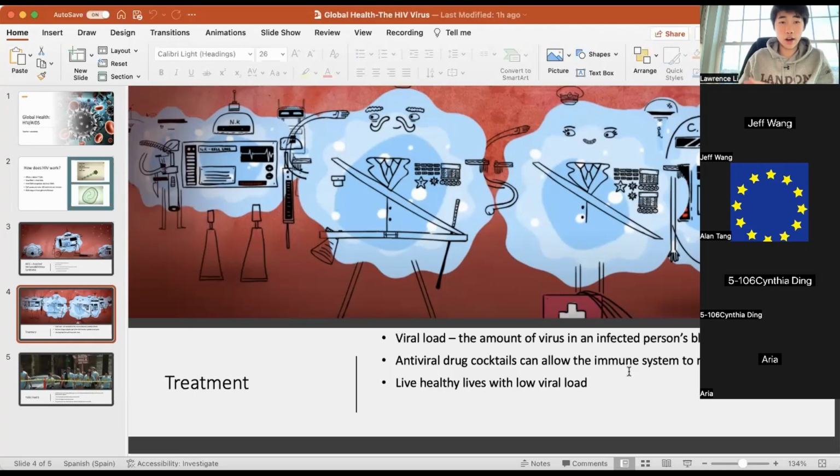We can cut the viral load down to safe numbers where a patient with HIV can no longer pass on HIV because their viral load is so low. And through these drug cocktails, we can allow the immune system to recover. We can prevent the immune system from going into the state of AIDS, which can be fatal.